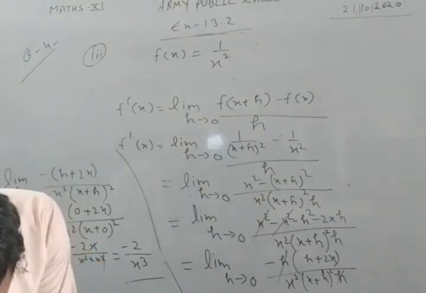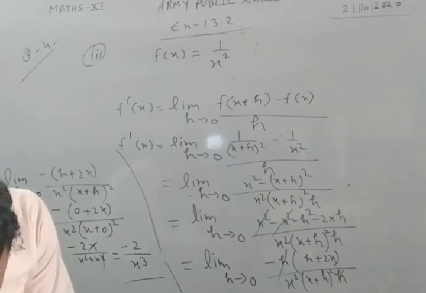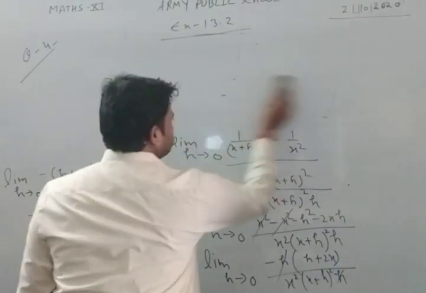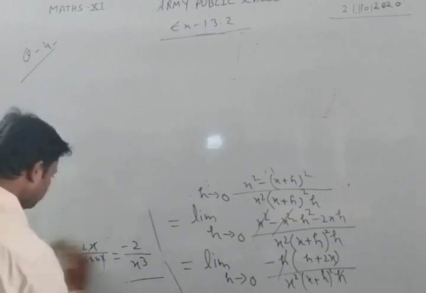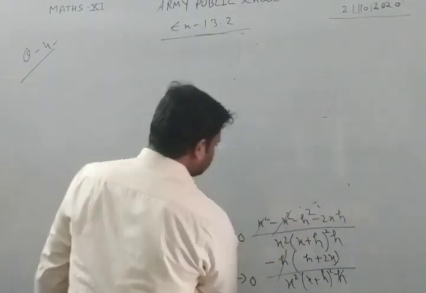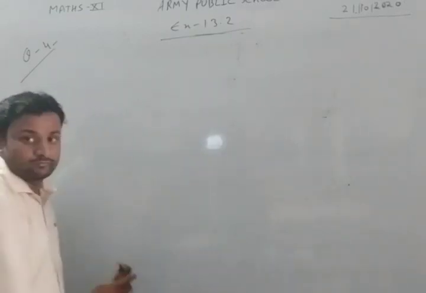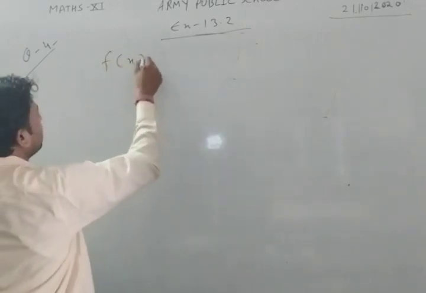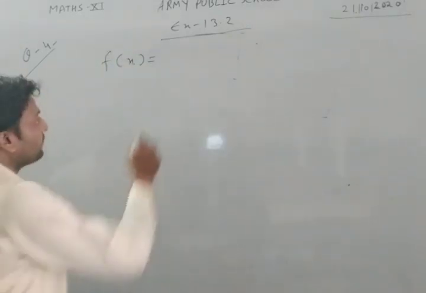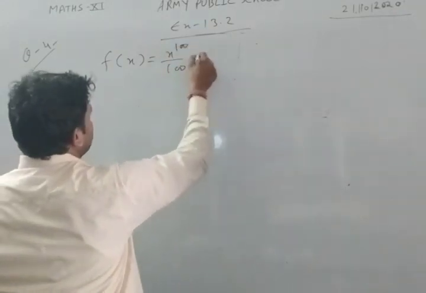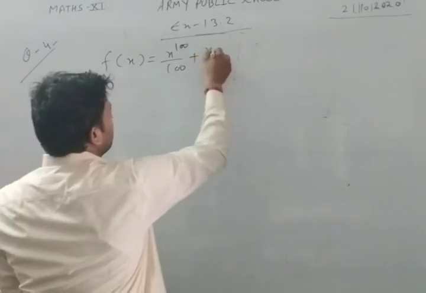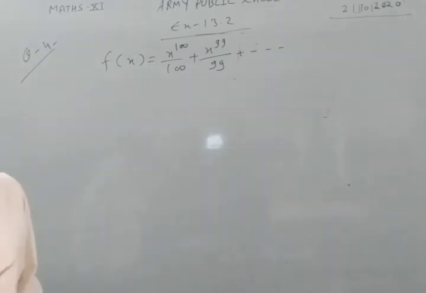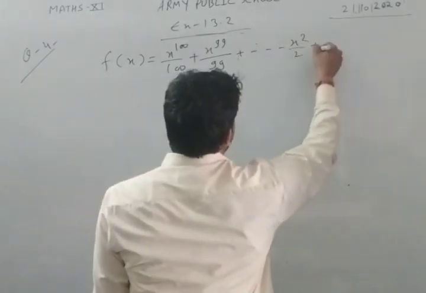Our next question is: f(x) is equal to x to the power 100 divided by 100 plus x to the power 99 divided by 99 plus dot dot dot plus x square by 2 plus x plus 1.